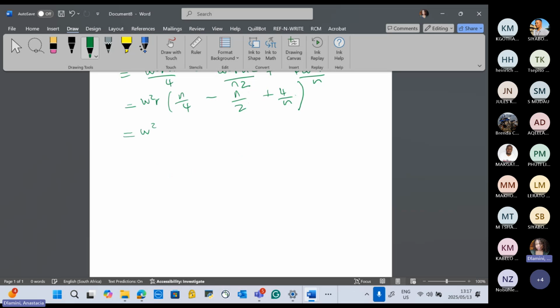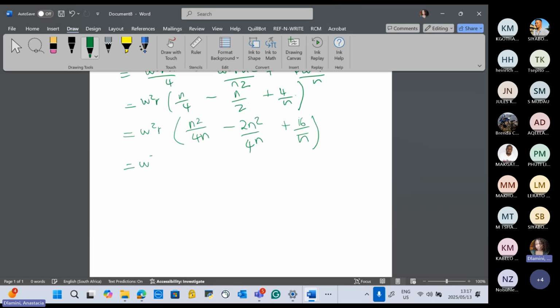Okay, so it's w squared r. Now, the LCD should be 4n. So for me to have 4n at the bottom, I have n squared over 4n, minus, for me to have 4n, I have to have 2n times 2n. So this is 2n squared over 4n, then plus, for me to have 4n, I need to multiply by 4 over 4, which is 16 over n.